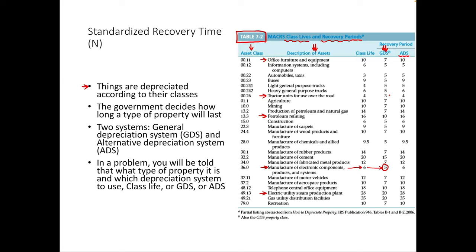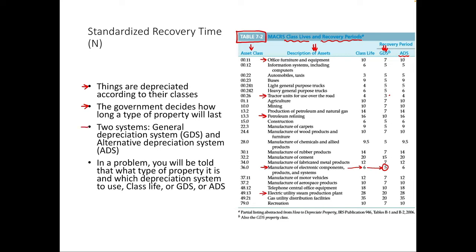It's 20 years. So you can tell that different classes have different recovery periods. And then the government decides how long a type of property will last. So this number of years is only determined by the government, the IRS, not by anybody else.